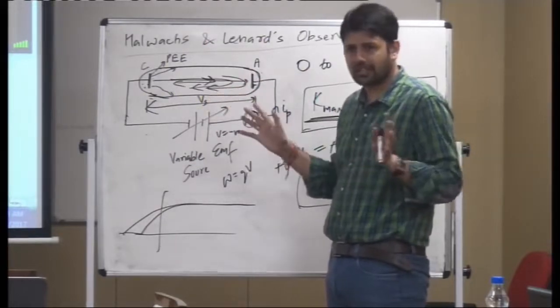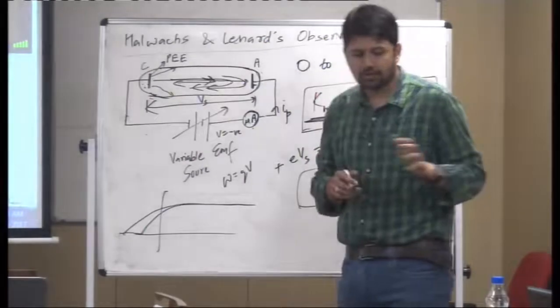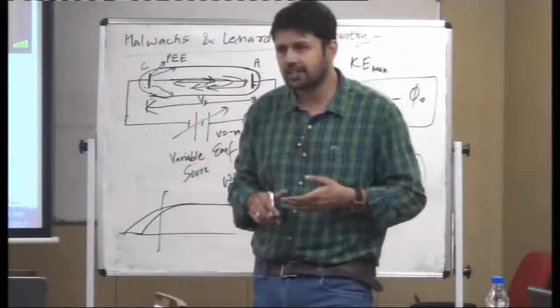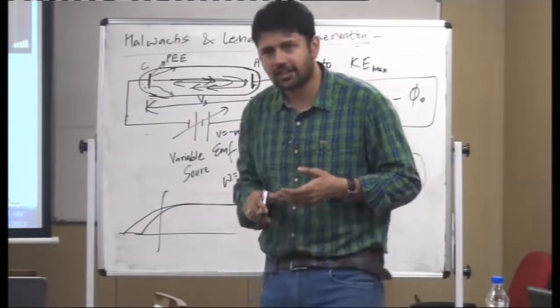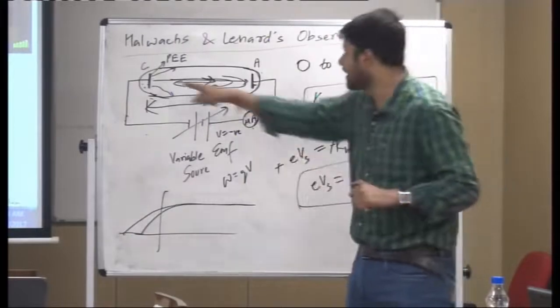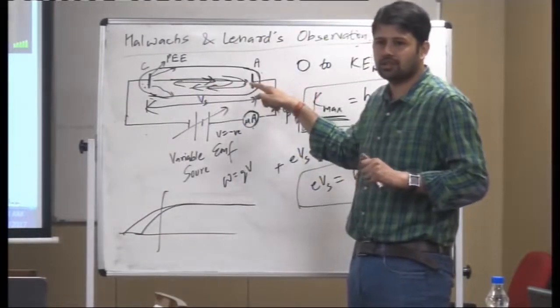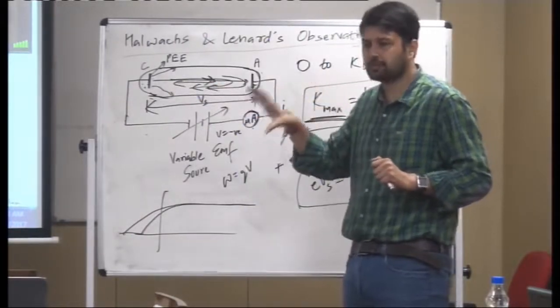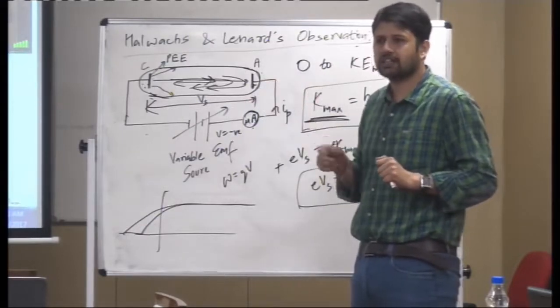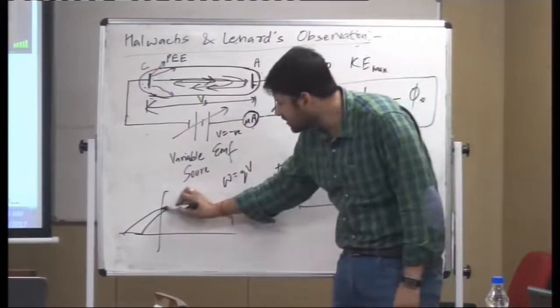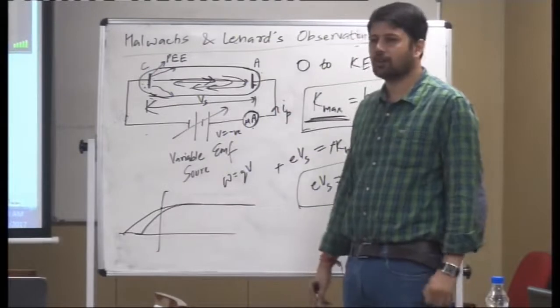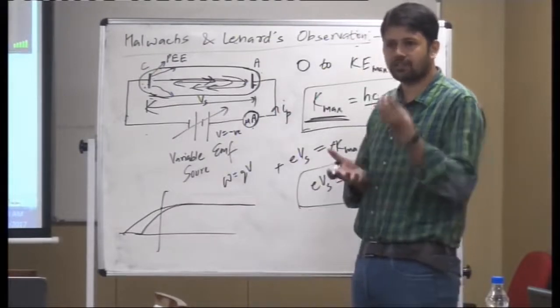Just imagine that the photons are more energetic, so the electrons would have higher kinetic energy, would move faster, and would take lesser time to travel. So the same charge flows in slightly lesser time. That's why it appears that the current has increased slightly. It is not because of charge addition, it is because of reduction in the time.